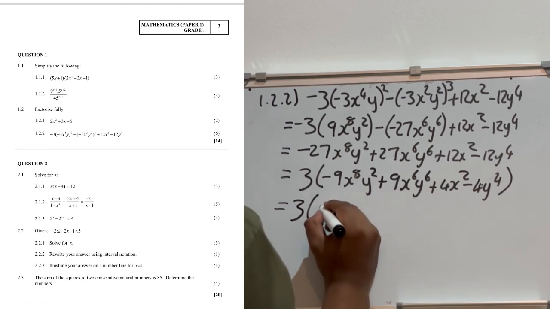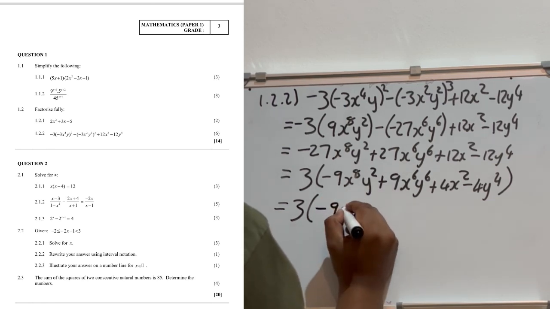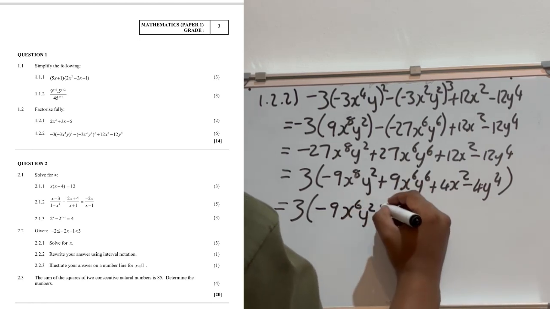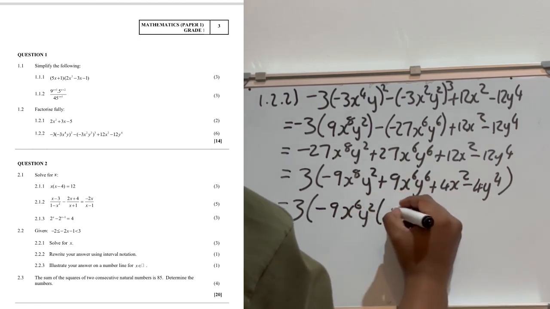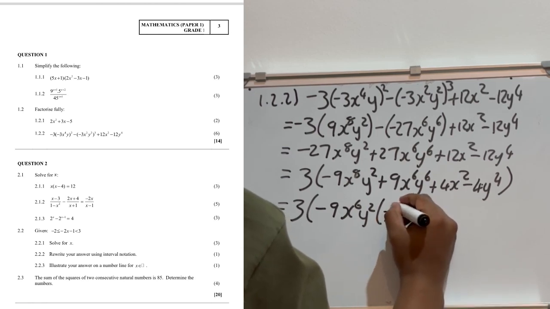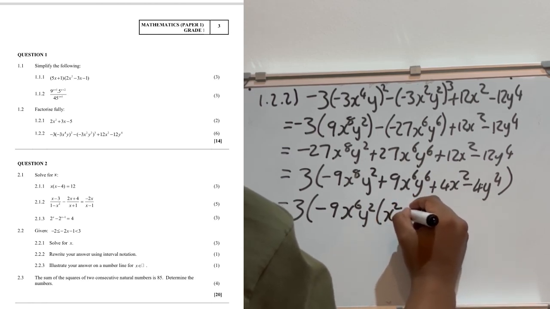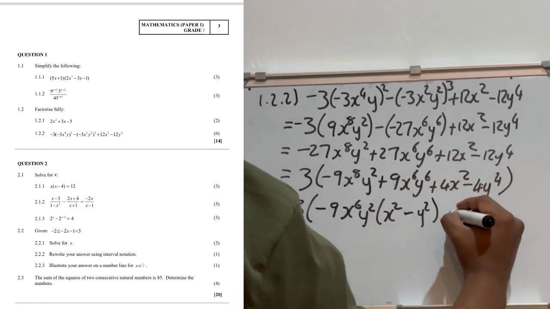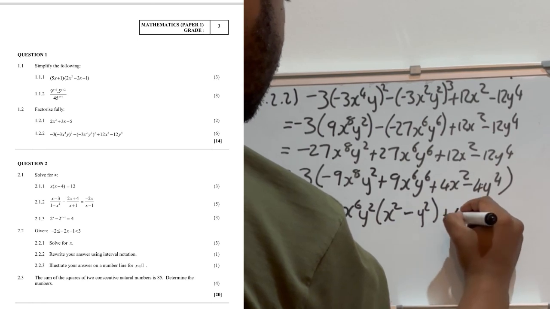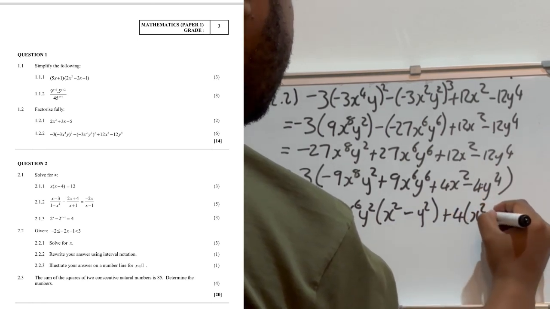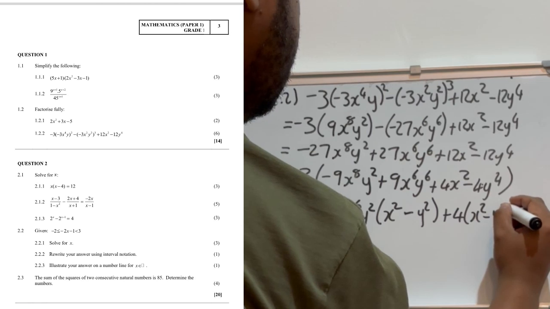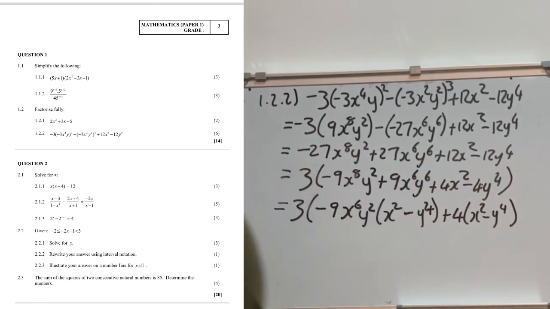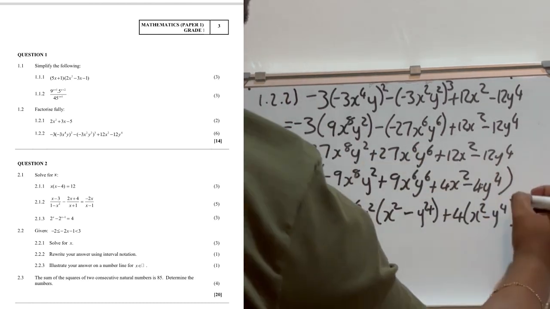So here I'm going to take out minus 9x to the power 6 y to the power 2, and then you're going to be left with x squared minus y to the power 4, and if I take out 4 here, then I'm left with x squared minus y to the power 4. Sorry, this is 4, not 2. Okay? Bracket.